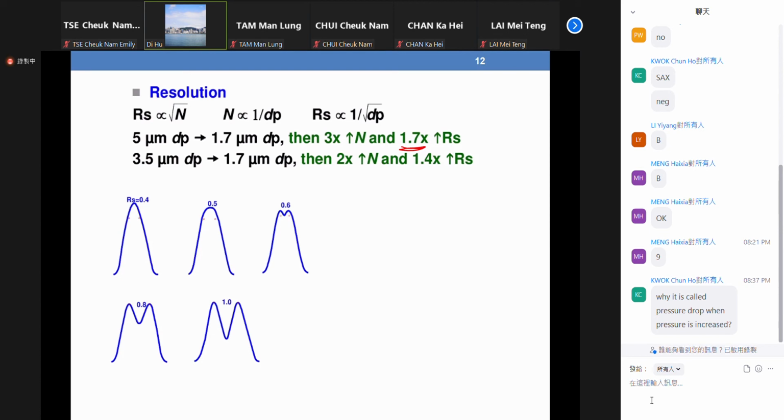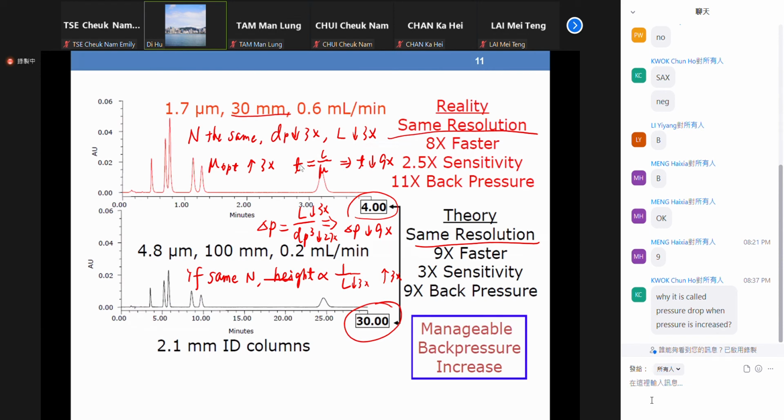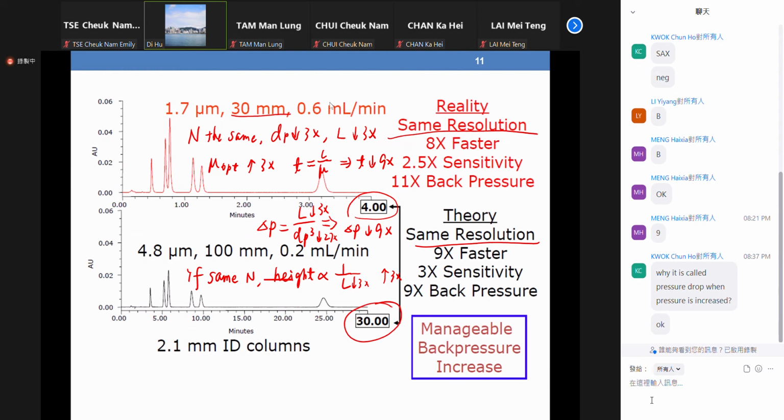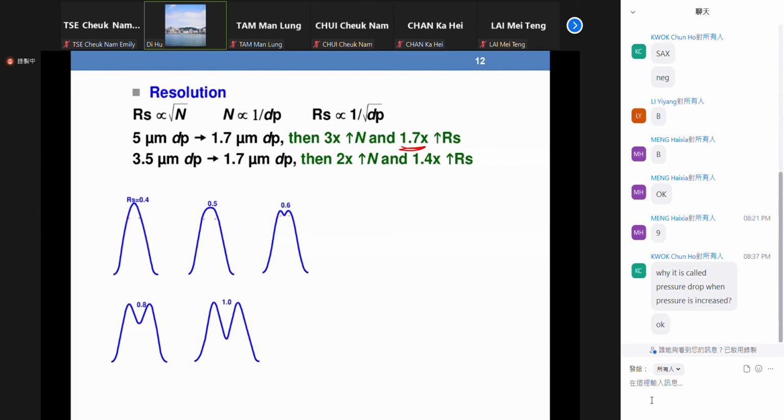Understand? That's what we call the pressure drop. It doesn't really mean the pressure dropped. It means a larger pressure drop, a larger difference.